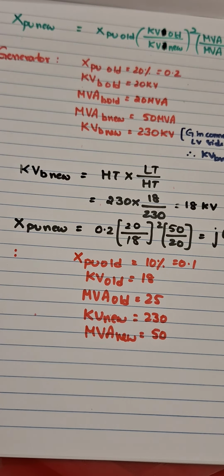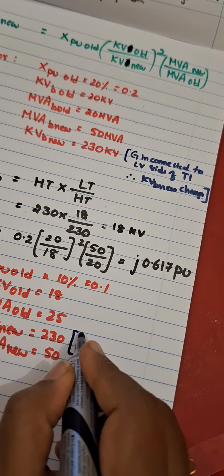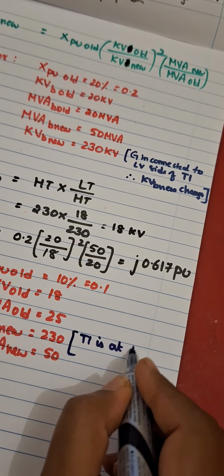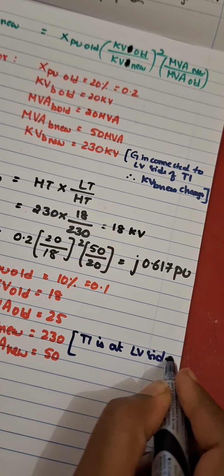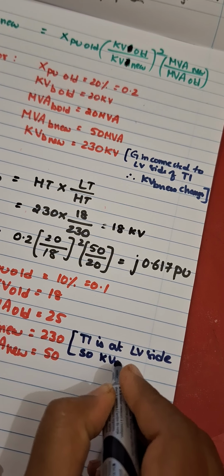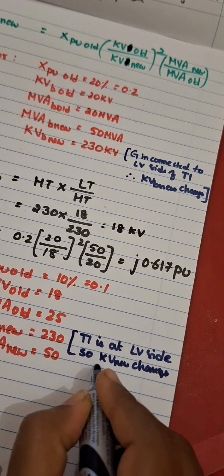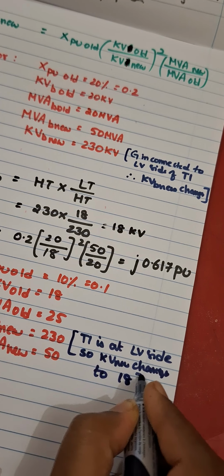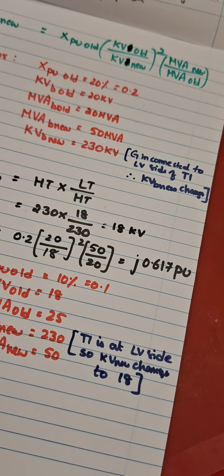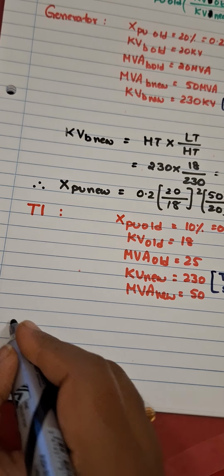Here also same thing. Transformer 1 is at the LV side. So the first side of the transformer is the LV side. So kV new changes to 18, because we already calculated 18 here. So I directly wrote it as 18. Now what is my formula?